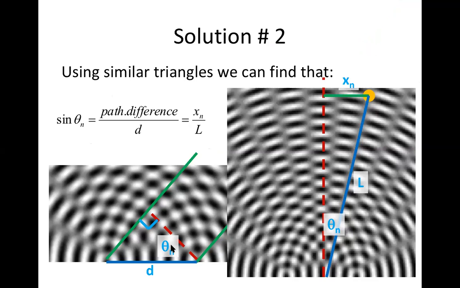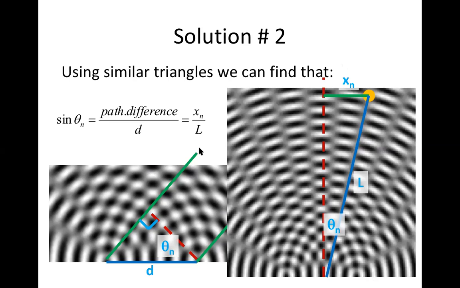Sine theta n, which is this angle here, is equal to xn, which is the 90-degree distance between the right bisector and that point, over the direct length between the center point here and there. Notice this is not PS anything. That would be P1S1, P1S2. So this is a different line.